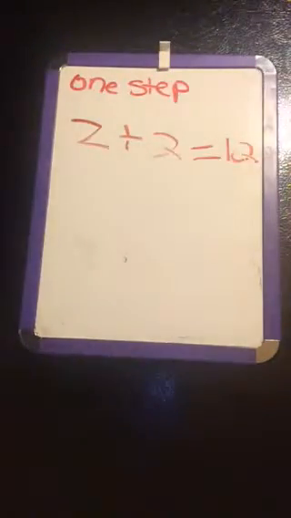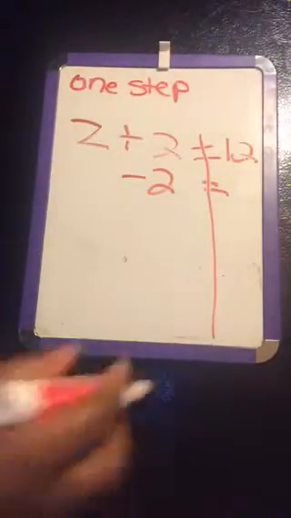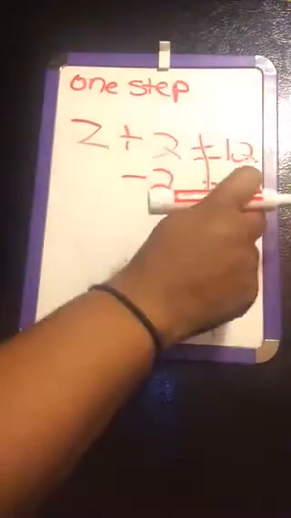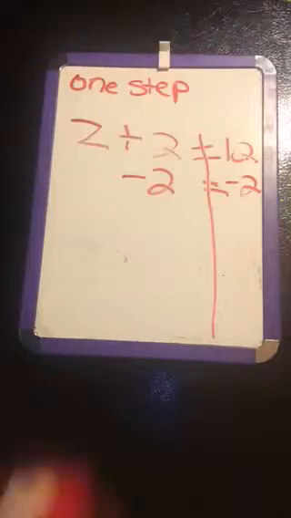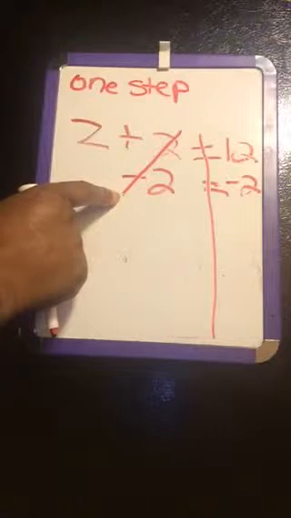So we want to get 2 over there by 12. I also put the equal sign. So what we do here on the left, we got to do on the right. So minus 2 right there. They cancel each other out because a positive and a negative cancel things out.